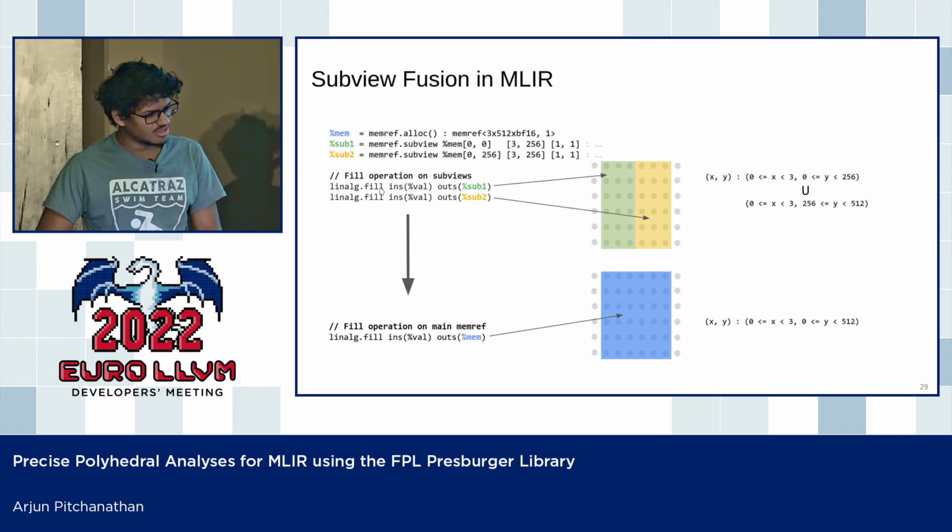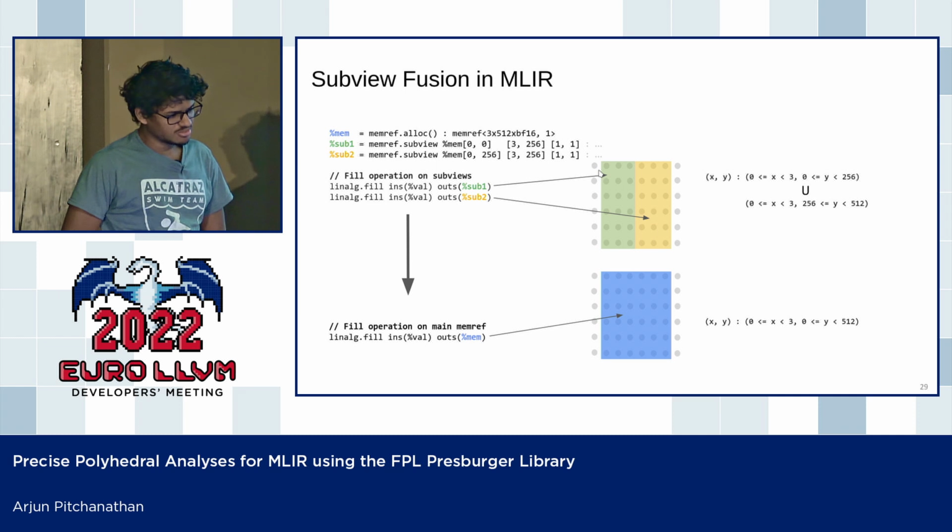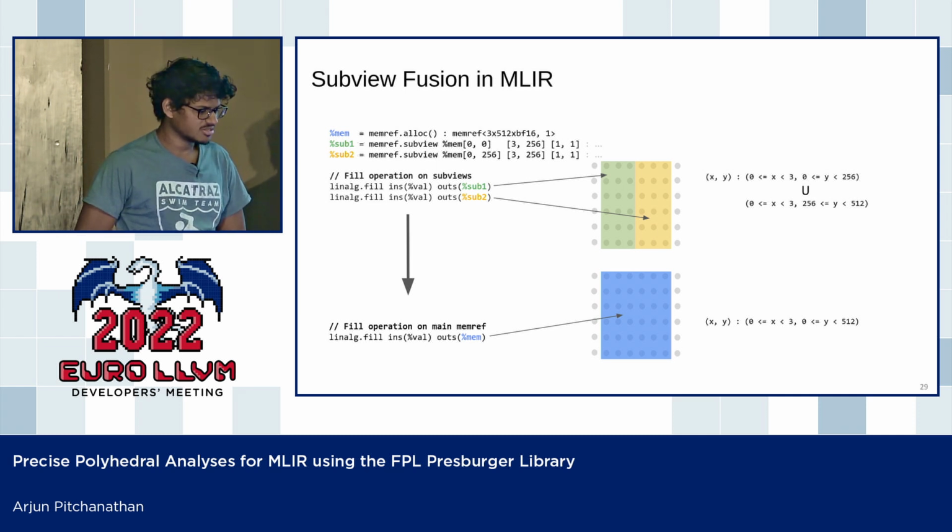So we fill all the elements in both of these subviews with the same value. Since we know that the union of these two subviews forms the whole base array, we should be able to simplify this into a single fill operation that just operates on the entire base array.